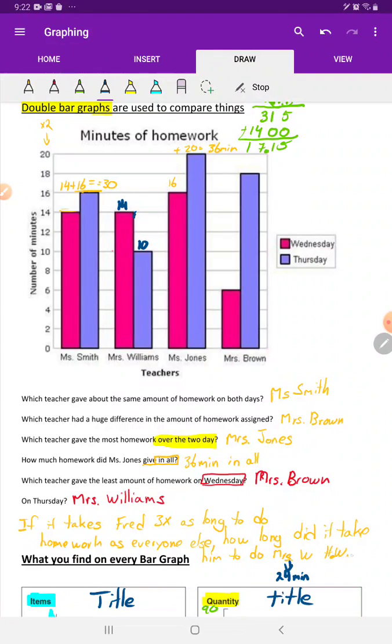But Fred takes 3 times as long, which means we have to go 24 times 3. And we do that math, and we get 72. So it actually takes Fred 72 minutes to do Mrs. Williams' homework, which is a lot more time than anyone else, right? Pay attention to these kinds of questions. You get them a lot in your work.